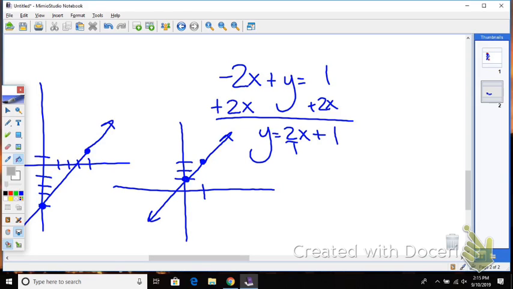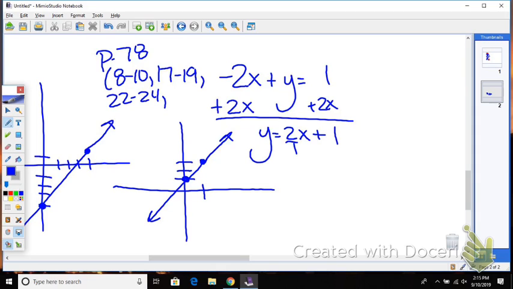Okay, you're going to do page 78, 8 through 10, 17 to 19, 22 to 24, and then 28. 28 to 30, and, no, I'm sorry, 28, 29, and 42.